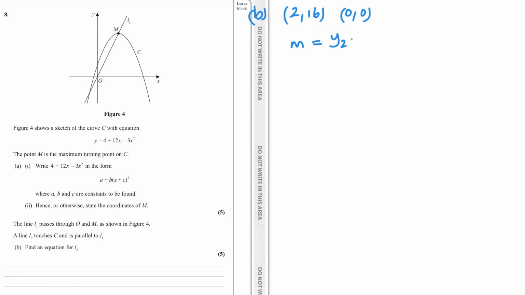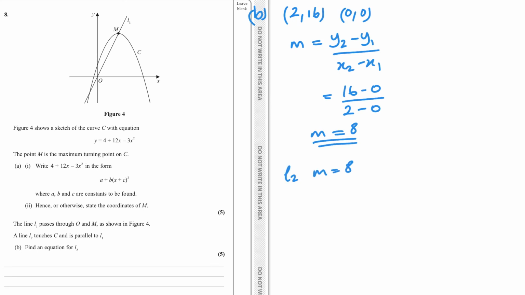So the gradient is the difference in my y's divided by the difference in my x's. So the difference in my y's, 16 minus 0, difference in my x's, 2 minus 0. So we've got a gradient of 8 here.